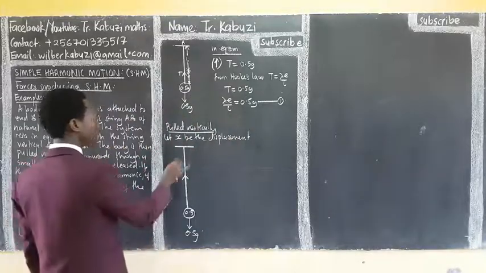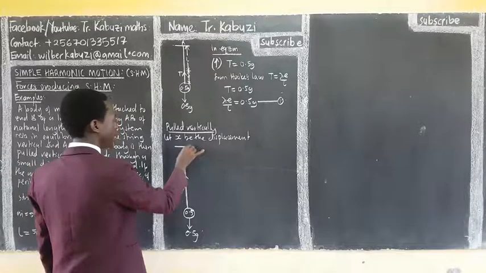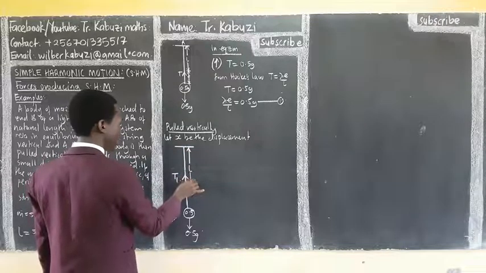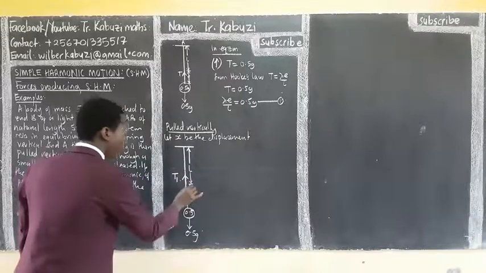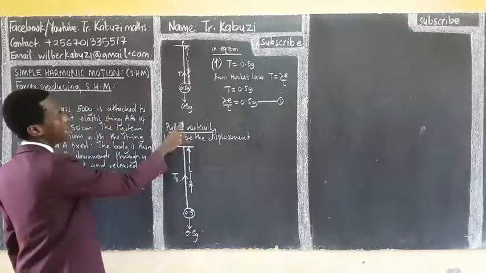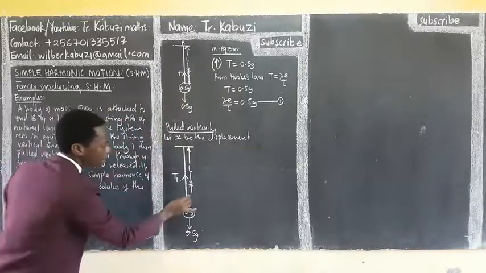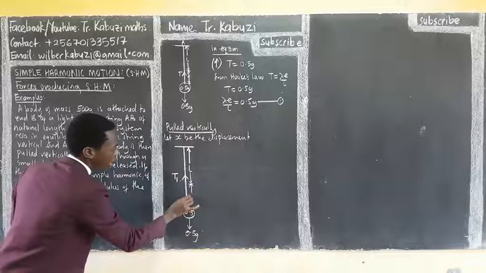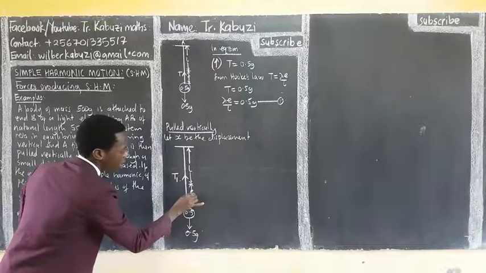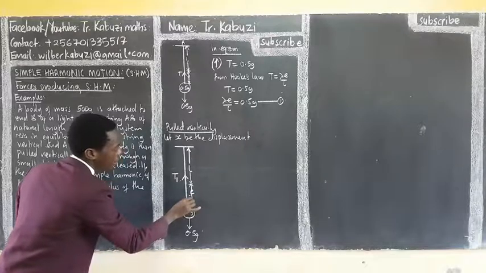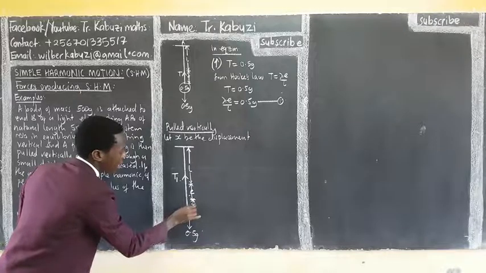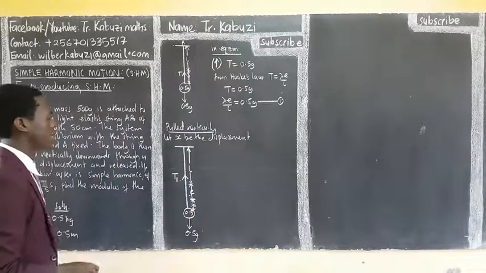Now we have our natural length up to somewhere there. Then we have the extension we had before, that is e, and then another extension x that I'm giving to the particle.